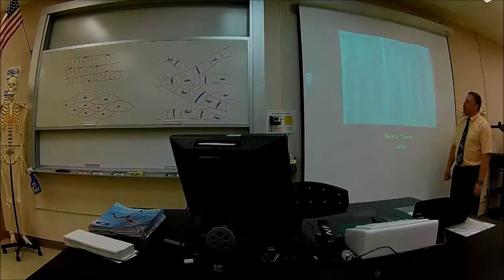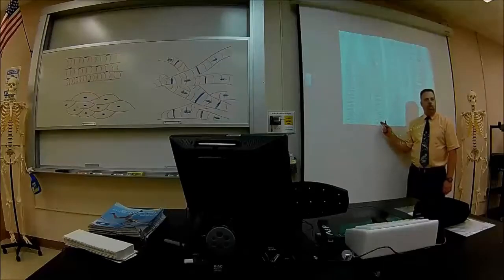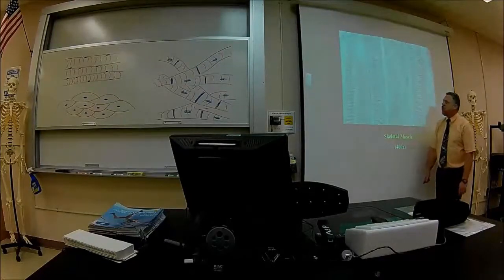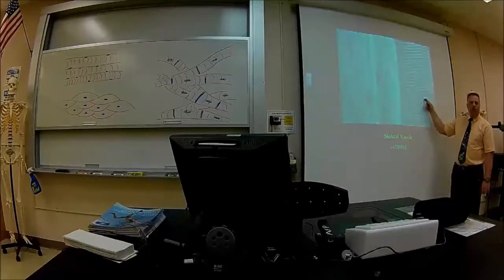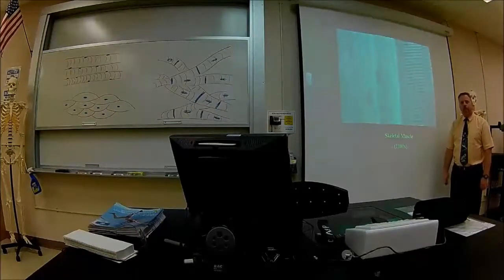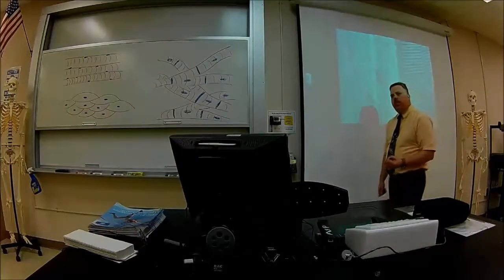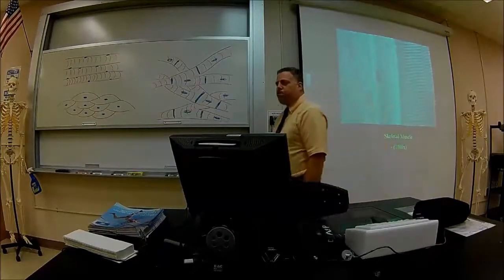But when you get up really close, you start appreciating that wonderful striped area, the striations. See the striations over here, those parallel lines. So that's skeletal muscle. It can't be cardiac muscle because you don't see intercalated discs and you don't see it branched.